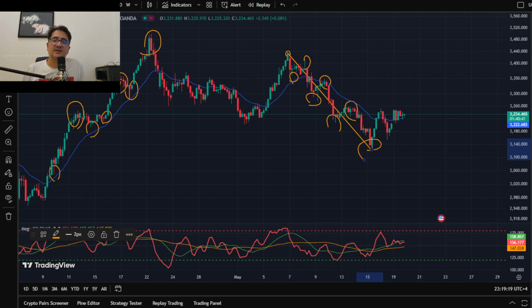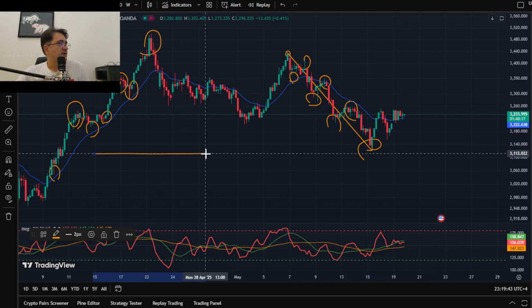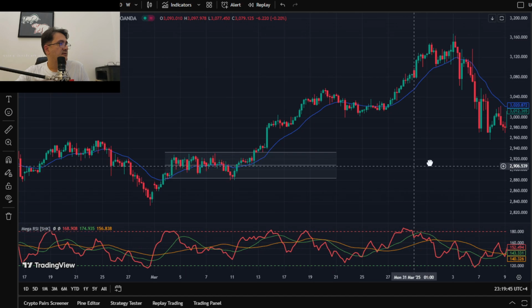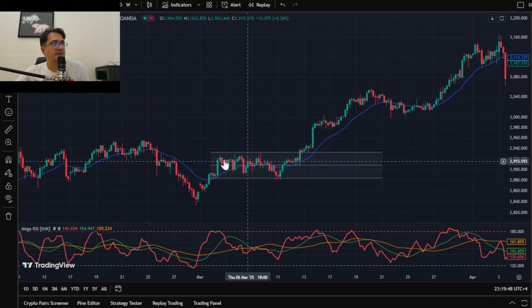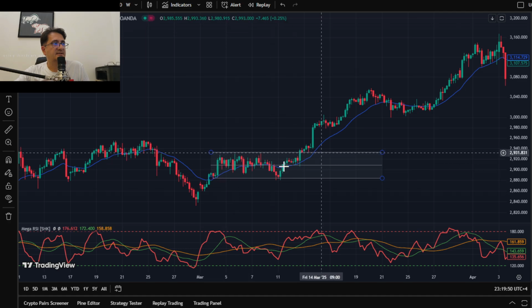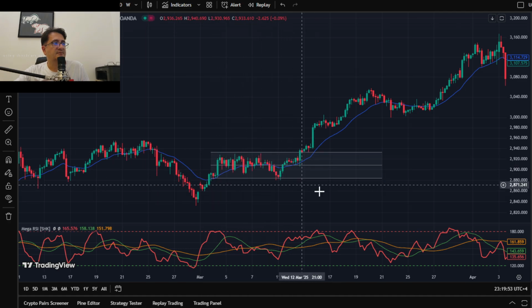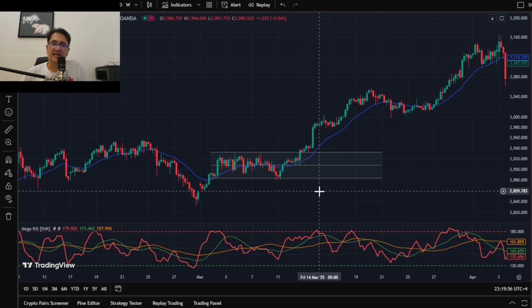So lower lows and lower highs means going down, which is a downtrend, and higher highs and higher lows means uptrend or going up. And sideways is when price bounces around in a range, not moving much up or down, and it's just like this. Let me show it again. Not moving much here. You can see like a ceiling and a ground, and it bounces between these two levels.